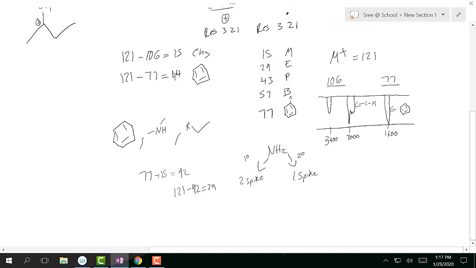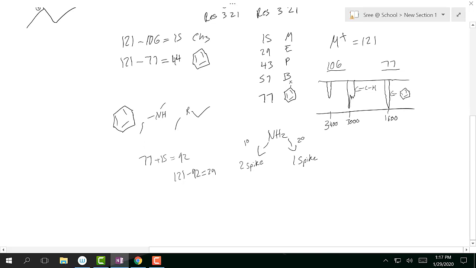So all we have to do is place it together. Now we just have to see which order we're going to do. With the benzene ring, you could either do the ethyl first or the amine first. Obviously, looking at the way we set it up, it has to be the amine first because it's secondary.